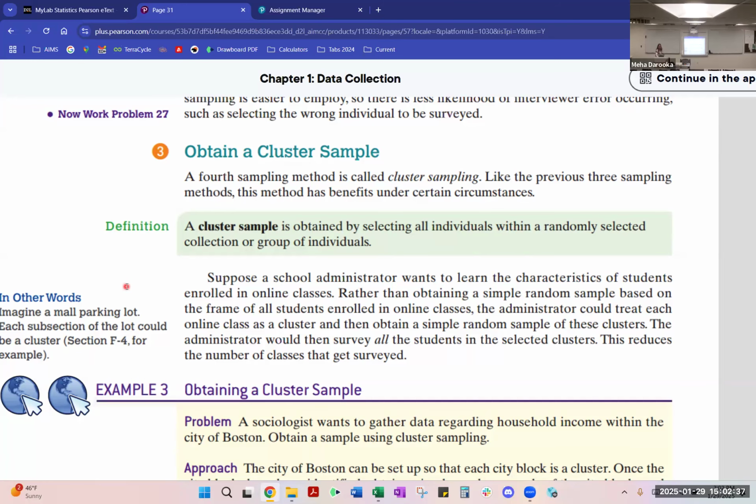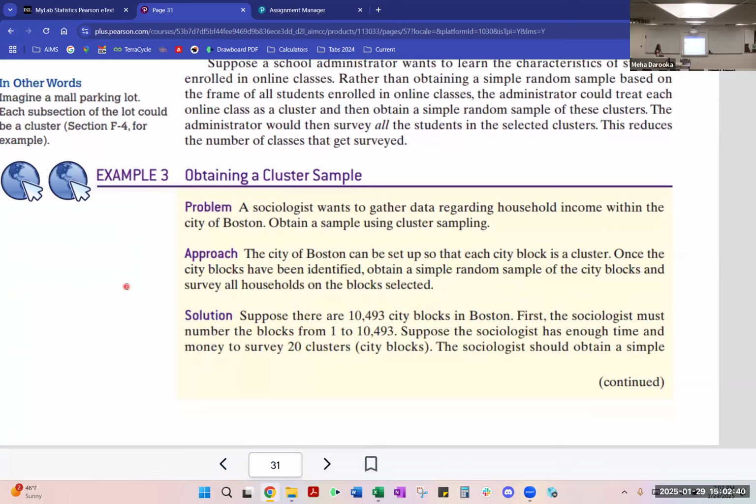The example here is a sociologist who wants to gather data regarding household income within the city of Boston, and they're using cluster sampling. If you look at the solution, they're saying, suppose there are 10,493 city blocks in Boston. First, the sociologist must number all the blocks from 1 to 10,493. If they have enough time and money, they will survey 20 clusters, which means 20 city blocks.